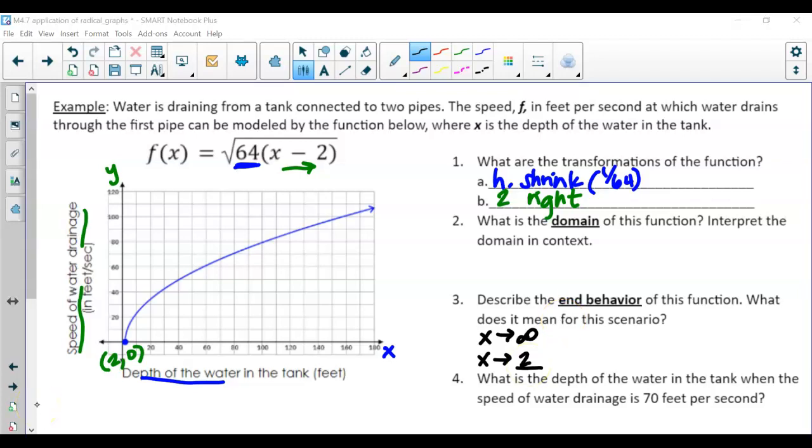And here we go. So the domain is your x values starting at the value of 2, and we're going greater than or equal to 2. And what is our domain in the context? The depth of water in the tank.